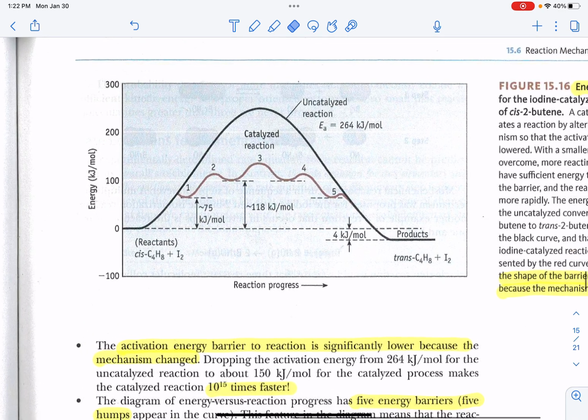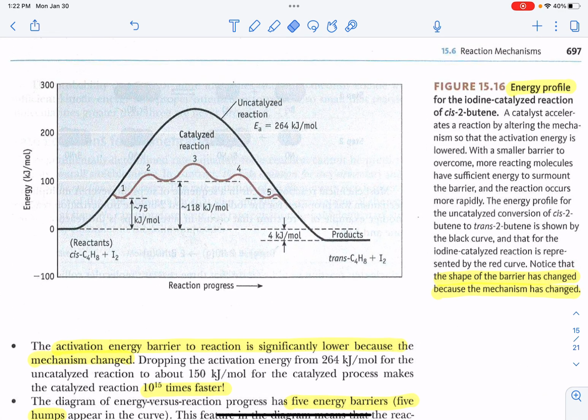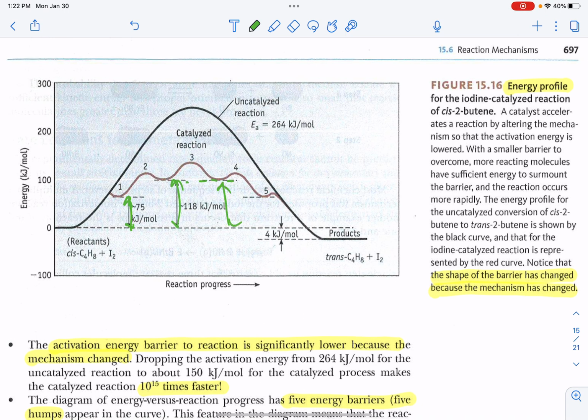And so when we use a catalyst, instead of an energy profile that looks like this black line here, instead we might get one that, because we've changed the mechanism substantially, we might get an initial activation energy, and then we need another one, and then perhaps another one that happens to be the same or maybe not, and then another one over here, and so forth.